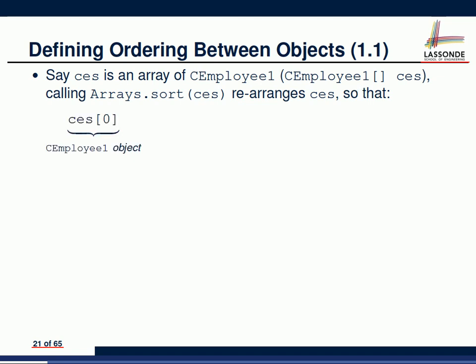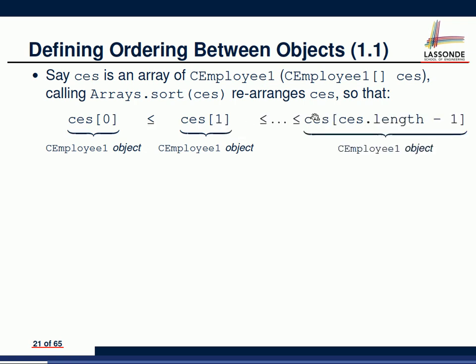I want to rearrange the array of the comparable employees in such a way that the employee at index 0 is smaller than or equal to the employee in the second position, and so on all the way to the last one. Basically, I'm going to sort them conceptually.